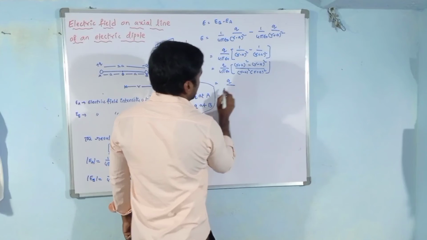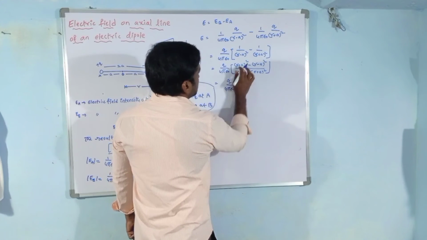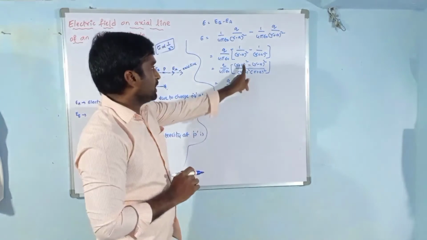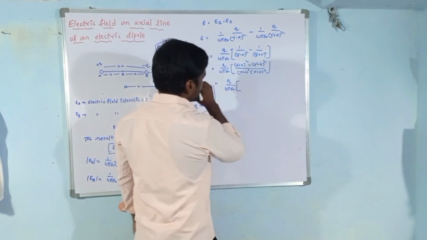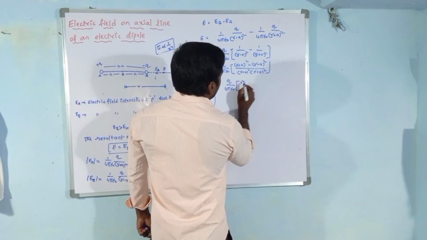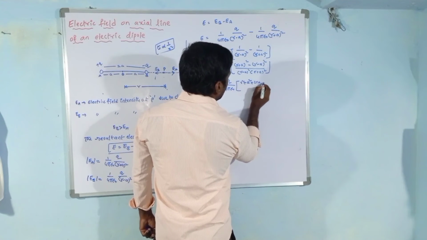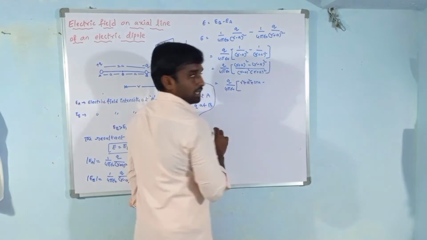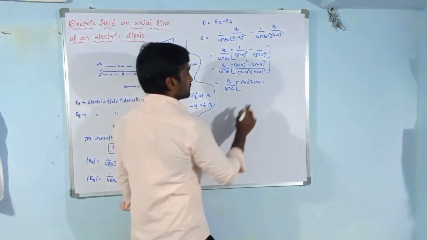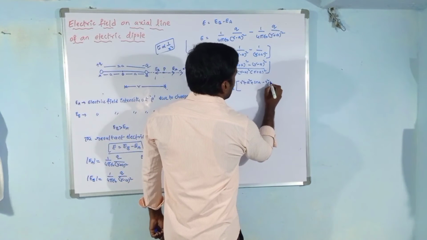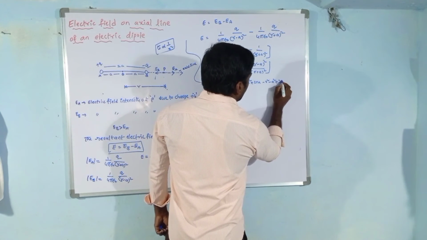Next, this is in the form of A plus B whole square, and this is in the form of A minus B whole square. That's why R square plus A square plus 2RA minus, A minus B whole square is A square plus B square minus 2AB, so R square plus A square minus 2RA.